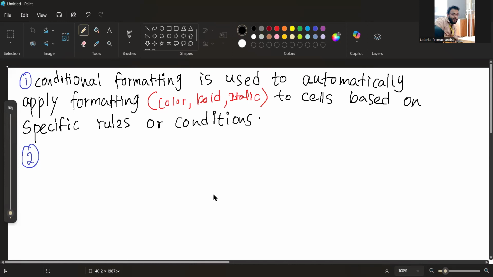So a condition is actually a logical rule.